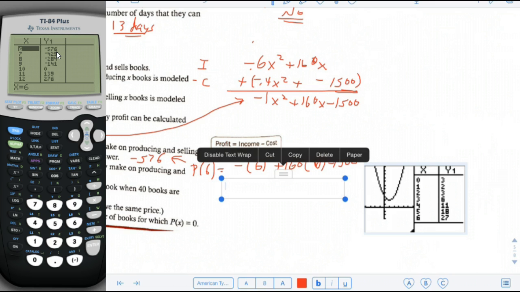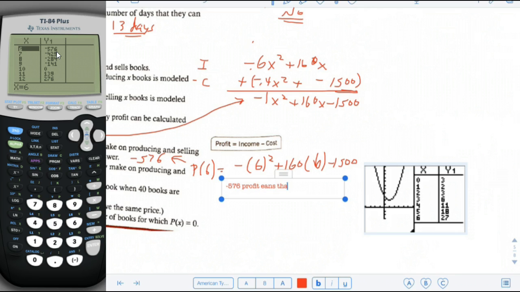So negative 576 profit means that you lost $576. Okay, so that's your comment. All right.